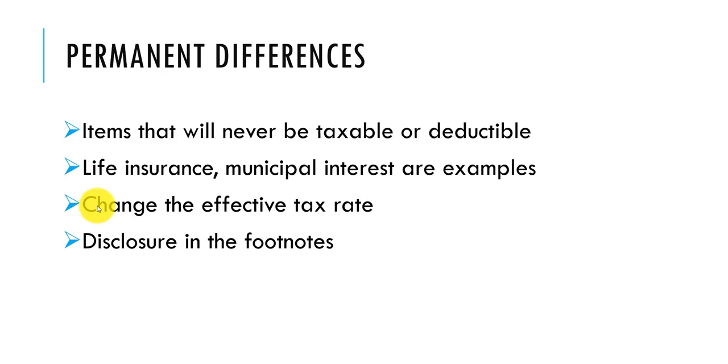So if there is an item that is not going to affect your tax return, then when you calculate your taxes at 21% of what's on your tax return, it's going to be different than your effective rate on your income statement. That's why it changes the effective tax rate. We need to disclose those major permanent differences in the footnotes as a reconciliation to show why we are not paying taxes at the same rate as the enacted rate, or the regular rate of tax.